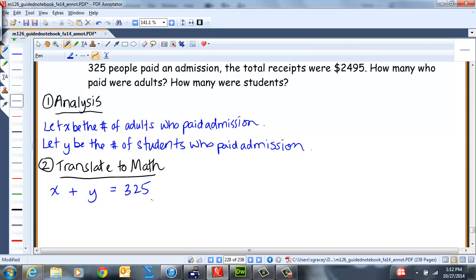And then the total receipts were $2,495. So now we're talking about money. And so we have to put the valuation of the adult ticket and the student ticket. So the adult ticket, if you remember, was $9. So 9 times the number of people is the total dollars spent for adult tickets, and $7 for the student tickets. And there we have our system.